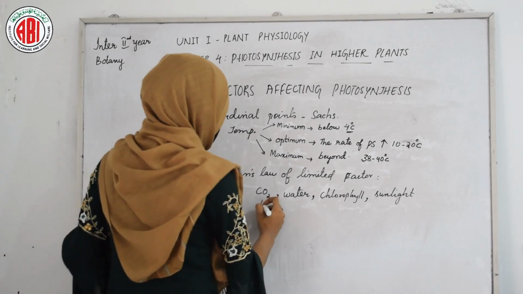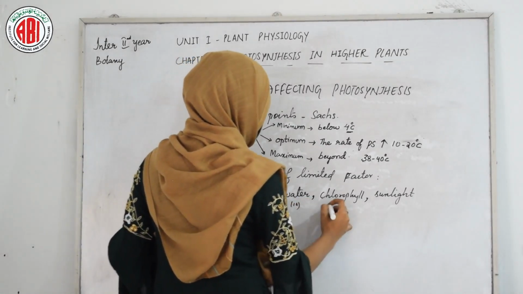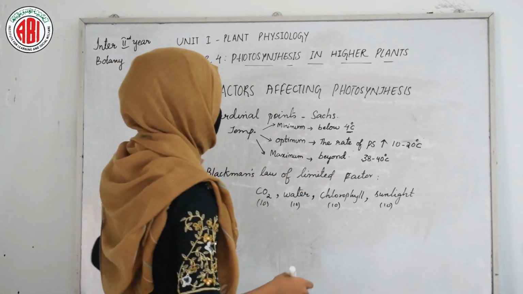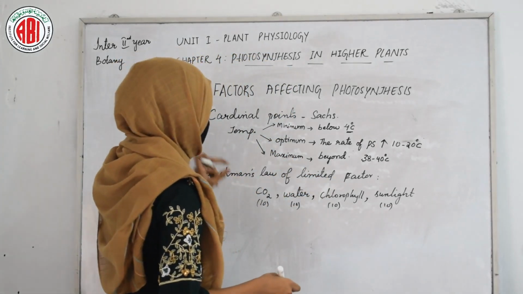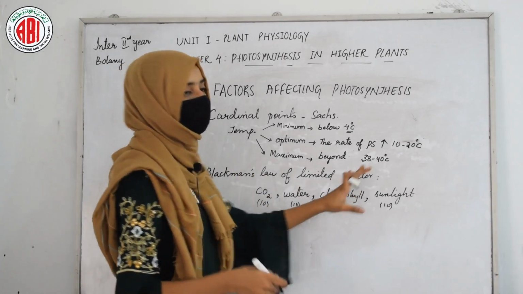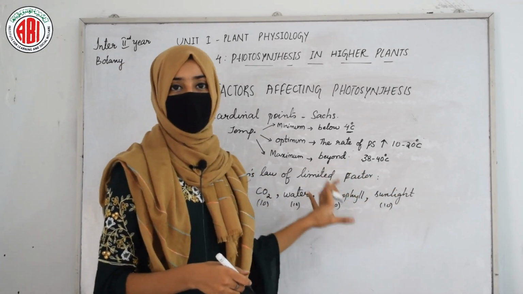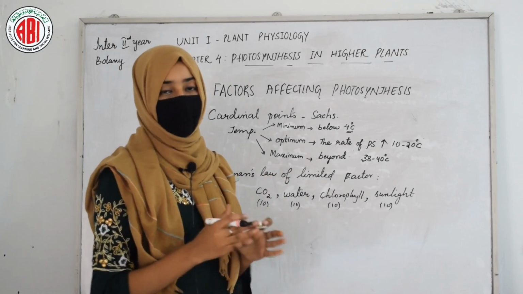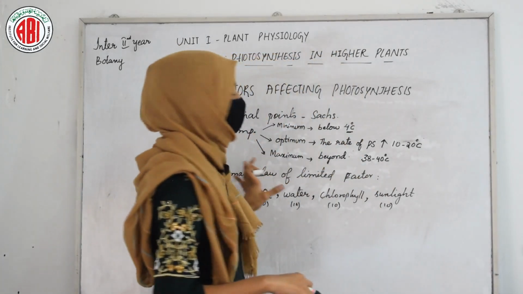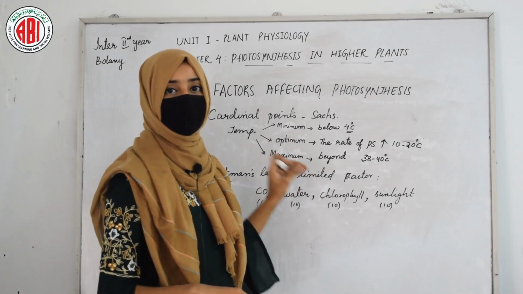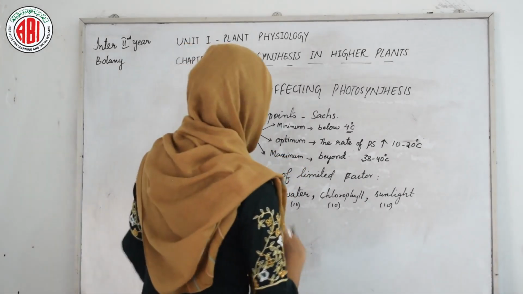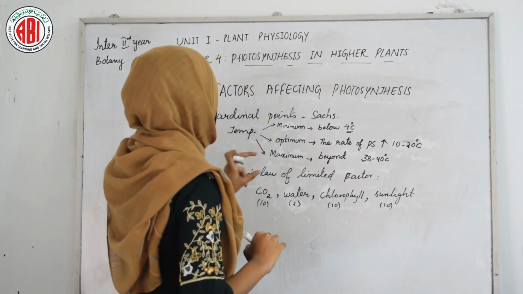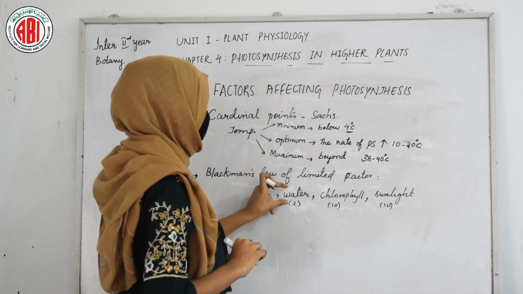For example, 10 units of carbon dioxide are present, 10 units of water, 10 units of chlorophyll, and 10 units of sunlight are present. As the amounts of all the factors are available in a proper amount, the rate of photosynthesis will also be steady. But if the water is present as 2 units, now this is called the limiting factor.